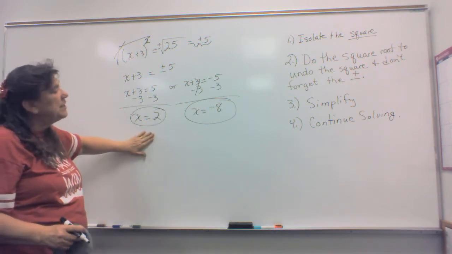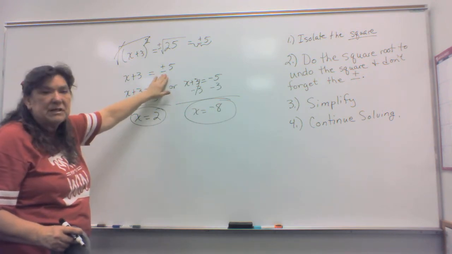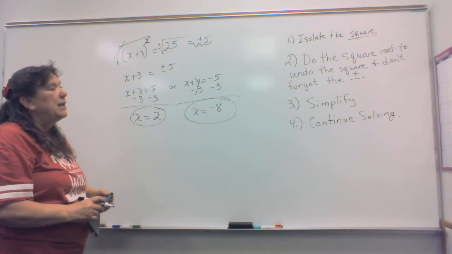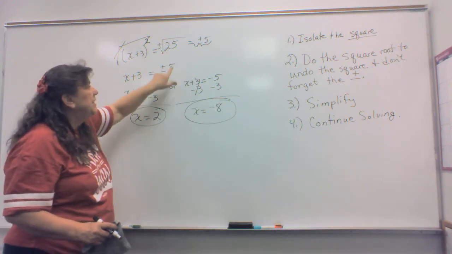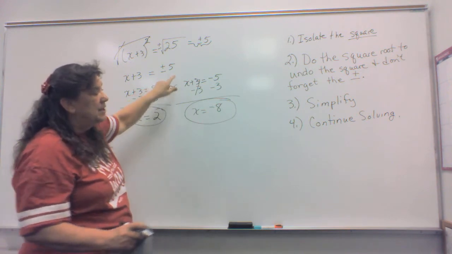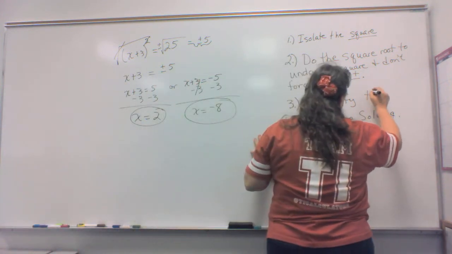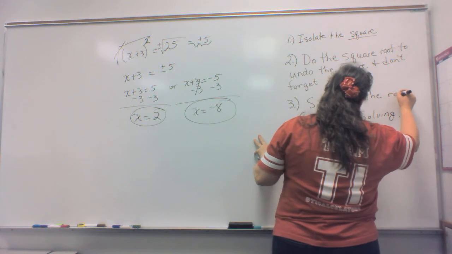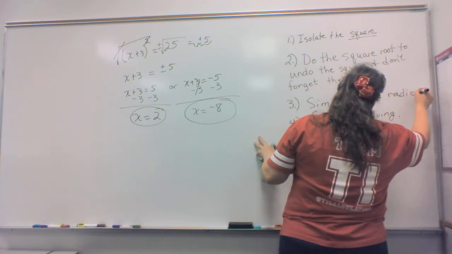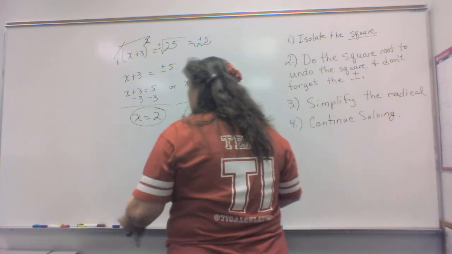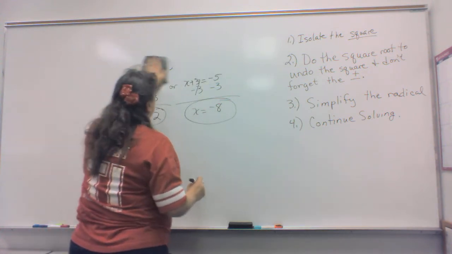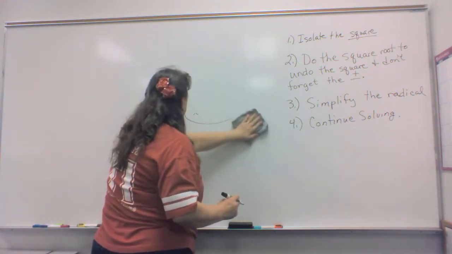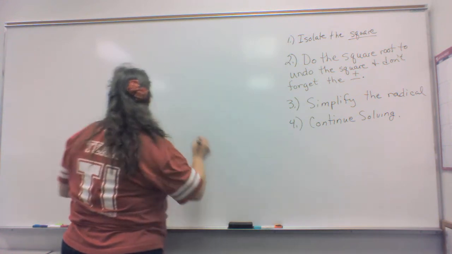So this is really important to remember, that plus or minus. And as you see, we had to continue solving after we simplified our radical. So simplify the radical, and then continue solving. Okay, so let's look at another one. Let's look at this one.